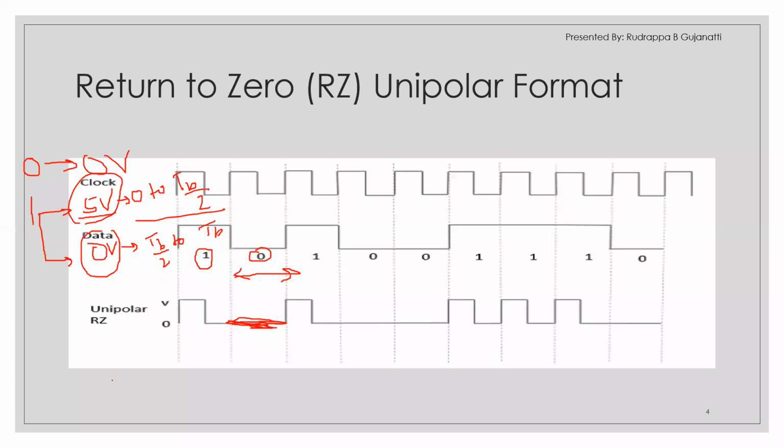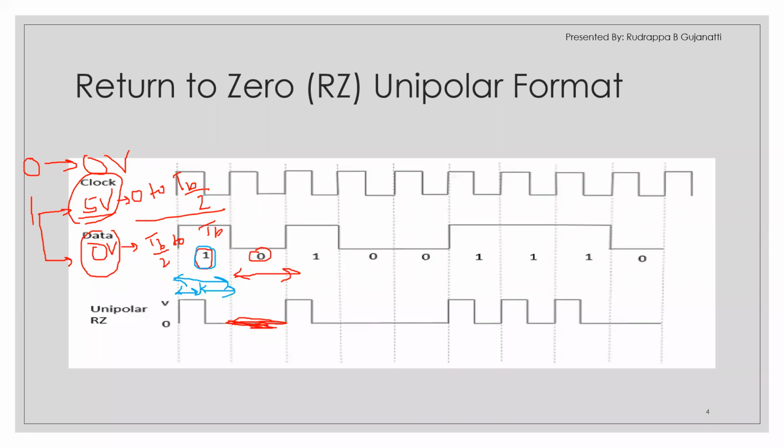Now here we can observe that the bit is 1, and this is one entire duration. Let me specify that this is the half bit period.